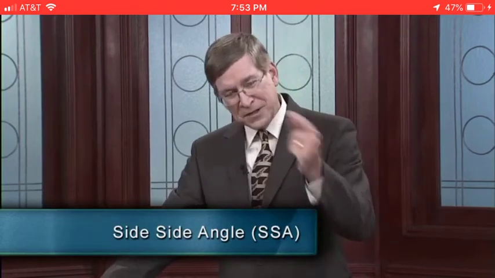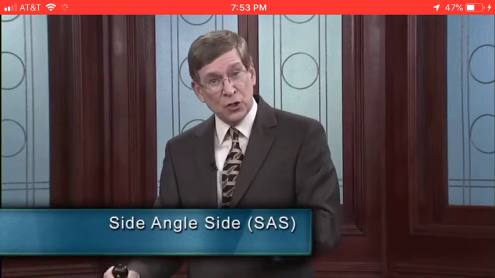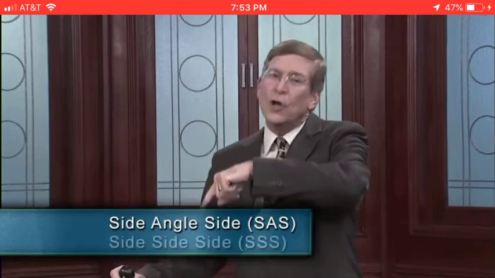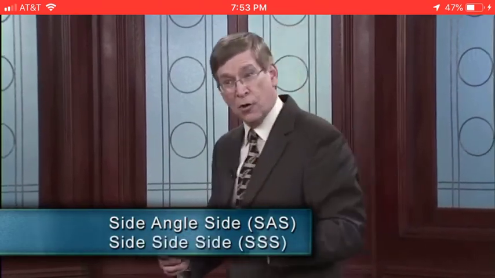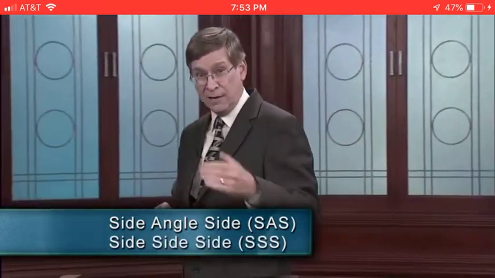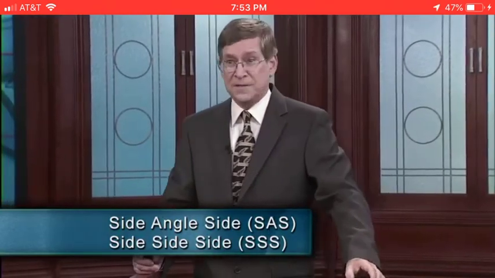It's more complicated if you're given two sides and an angle. Today we'll look at the case of two sides and an opposite angle, and that will be interesting. And then in the law of cosines lecture, next lecture, we'll look at the case of two sides and the included angle, or also all three sides. Suppose you're given all three sides, can you solve the triangle? That will be the law of cosines.